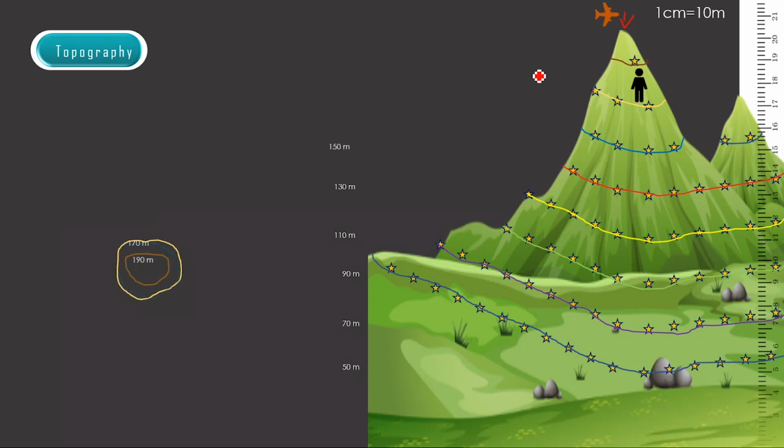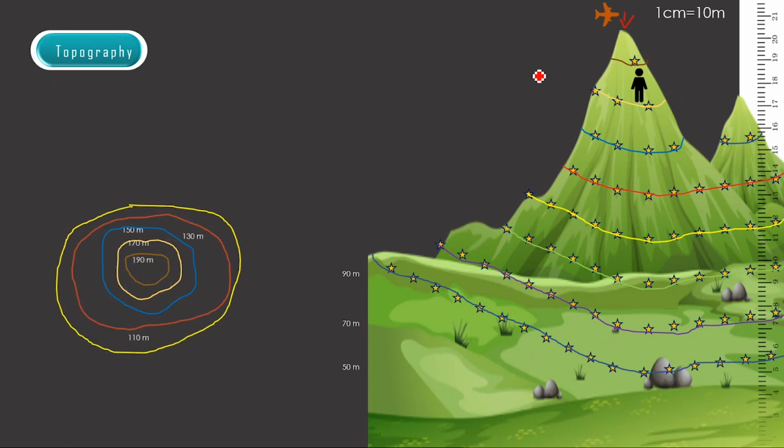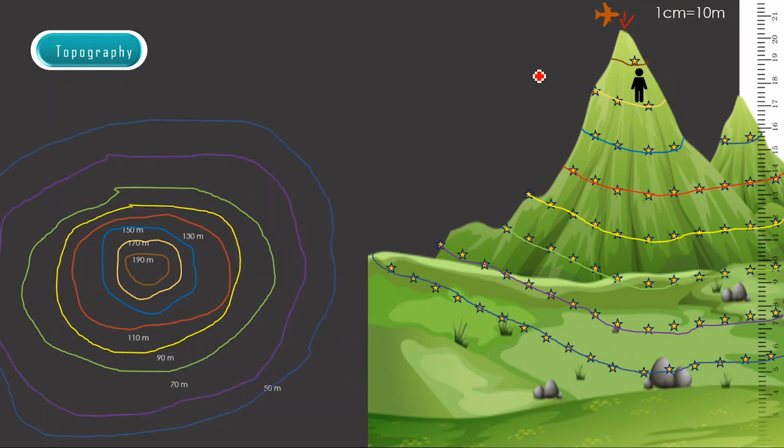Similarly, the 150 meter would be larger than that, then 130 meter, then 110 meter, then 90 meter. So this is how these entire lines are going to be marked in the map.